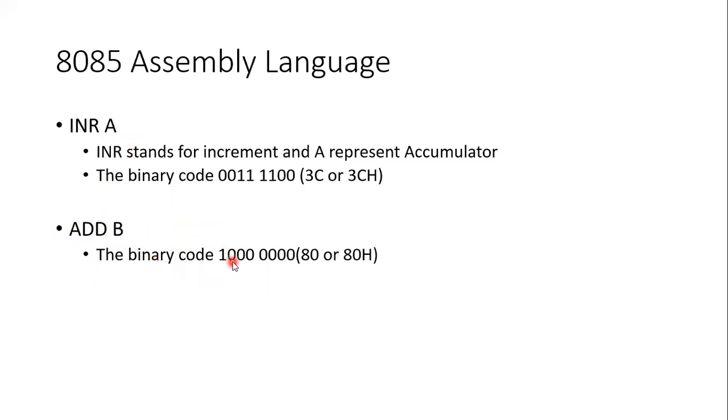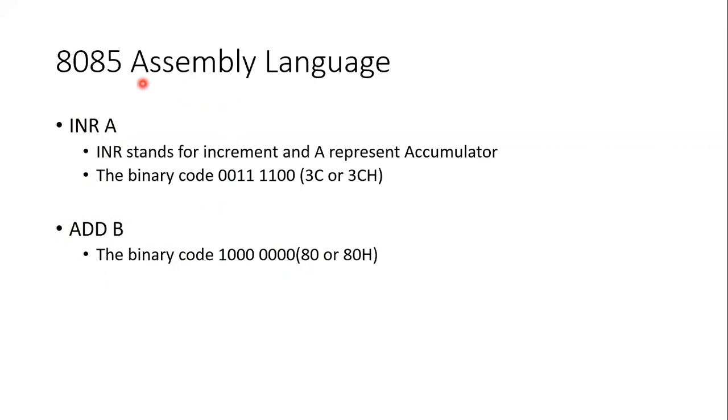Therefore, 1000 is 8 and 000 is a 0, so 80. This is the hexadecimal format of the machine code of this mnemonic. So compared to machine language, we can easily understand assembly language because it is in the format of English. But assembly language is also machine dependent.